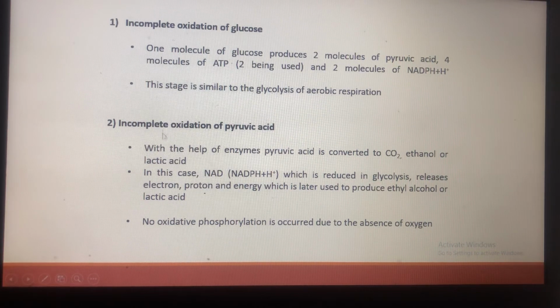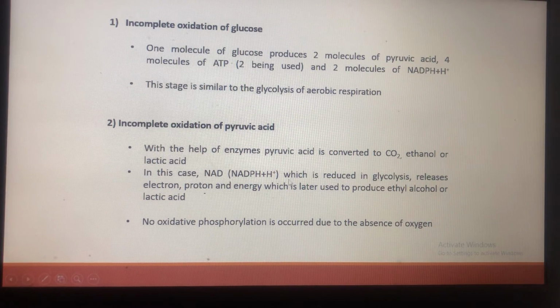This is different from the aerobic respiration. Here, with the help of enzymes, pyruvic acid is converted to carbon dioxide, ethanol, or lactic acid. Instead of producing a high amount of energy, these are converted to either alcohol or acid, and thus a small amount of energy is produced.